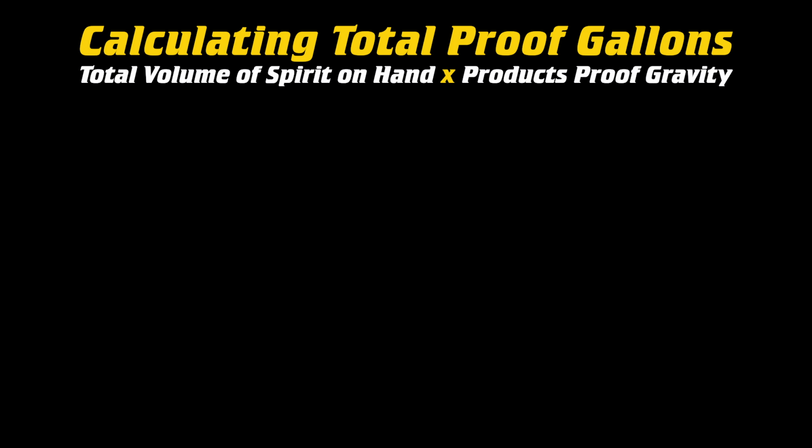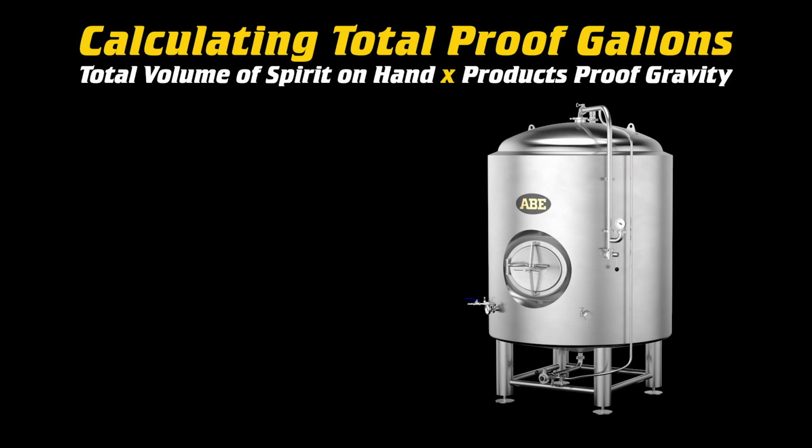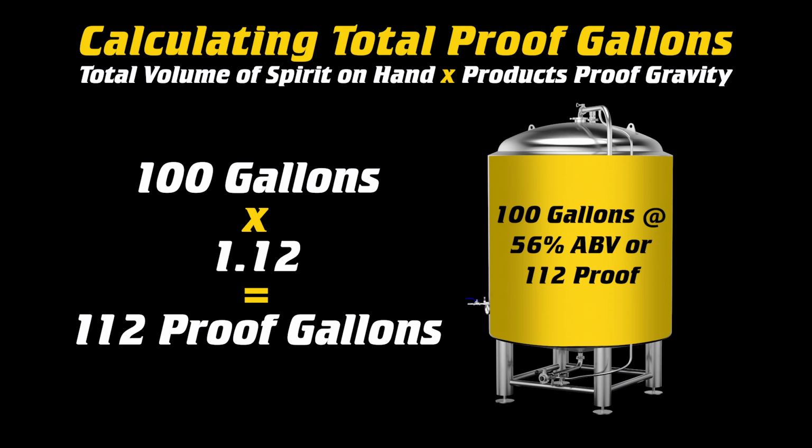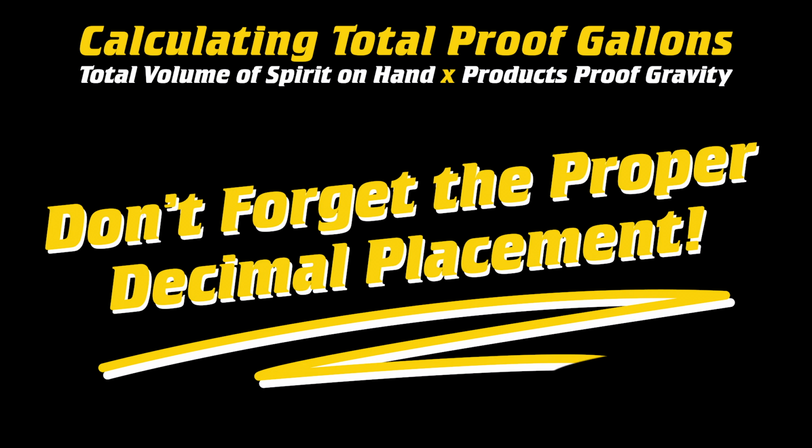To take this for another example, if you have a spirit at 56% alcohol or 112 proof, your calculation is 100 gallons times 1.12 equals 112 proof gallons. Remember the decimal place. It's very important.